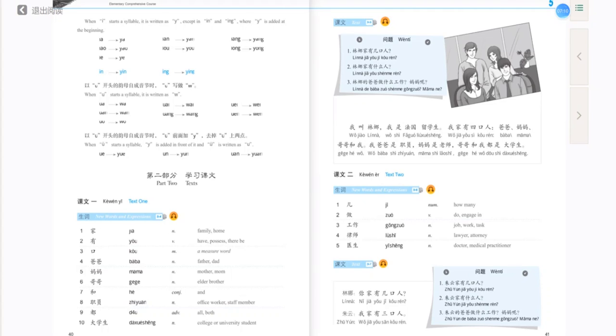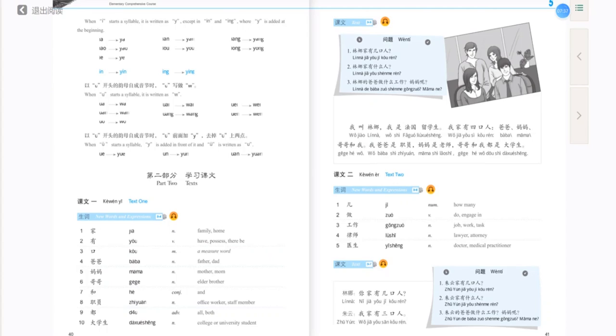What's your job? We can ask 做什么工作, or what job? So let's make a question: what's your father's job? Then we can ask 你爸爸做什么工作?